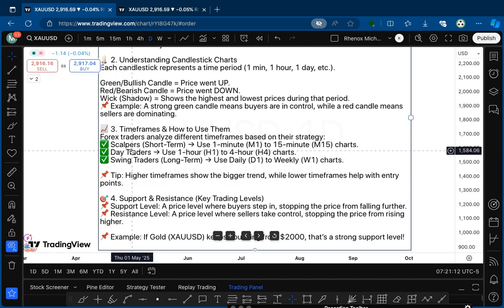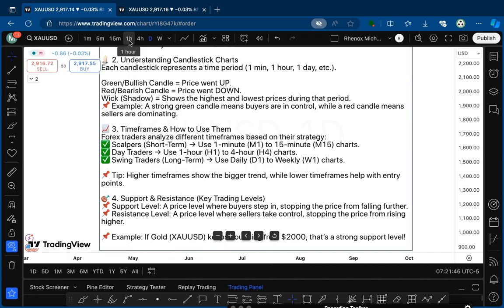So now those traders are grouped into just a few below here, although there are some other kinds of traders. Now we have scalpers, who take short-term trades using the 1 minute to 15 minutes chart, while the day traders use 1 hour to 4 hour charts to trade, while the swing traders trade long term using the daily and the weekly charts to place their trades.